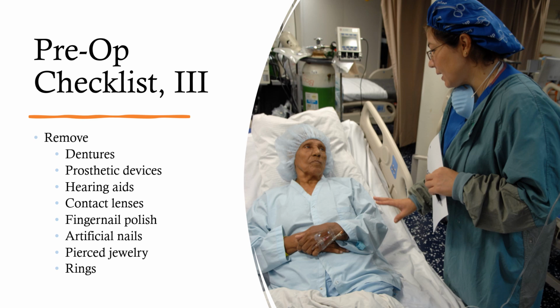We don't let them wear the rings because if you have decreased circulation, or you're getting IV fluids, there's a couple of reasons why you might have swelling, and a ring is going to become real tight, and it can turn into like a tourniquet. It could cause some circulatory issues, and then it may need to be cut off if it can't be removed. You can soak it in ice water, lather it in soap. There's other things you can do to try to get the thing off if you're having difficulty.